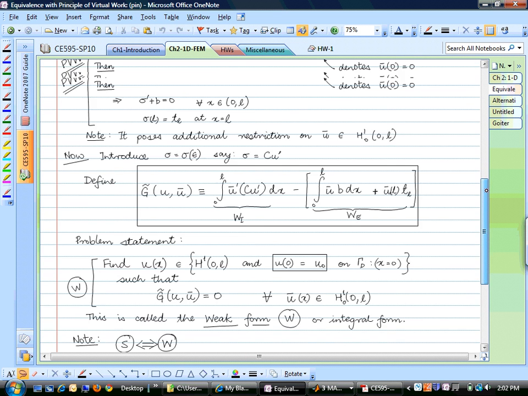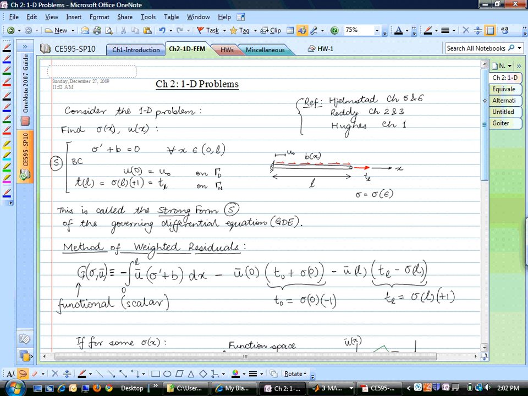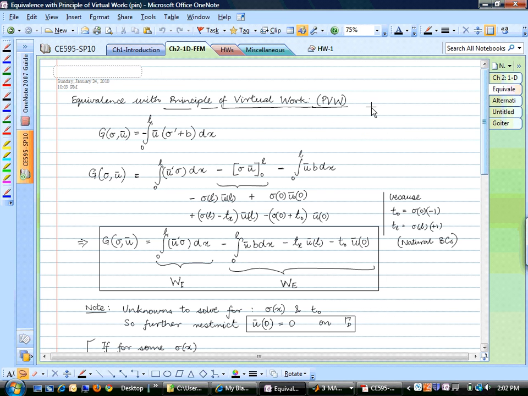Now, this method of weighted residuals that we just talked about: all that we did here was we took this equation, div s plus b, multiplied it with a u bar, and integrated it. If we start that way, we can also show that this method of weighted residuals is equivalent to the principle of virtual work.